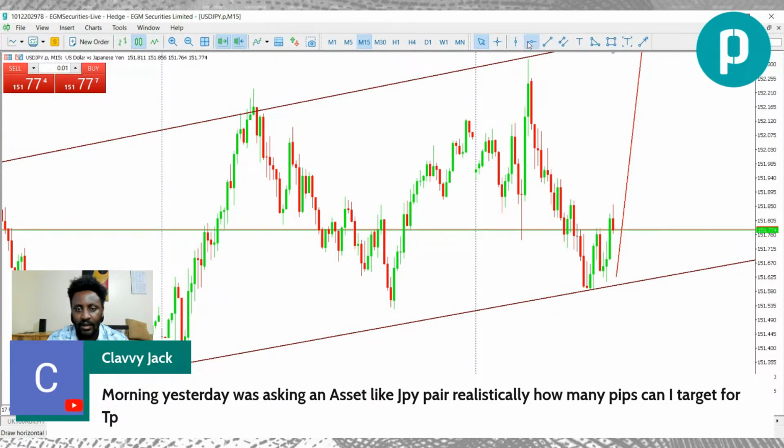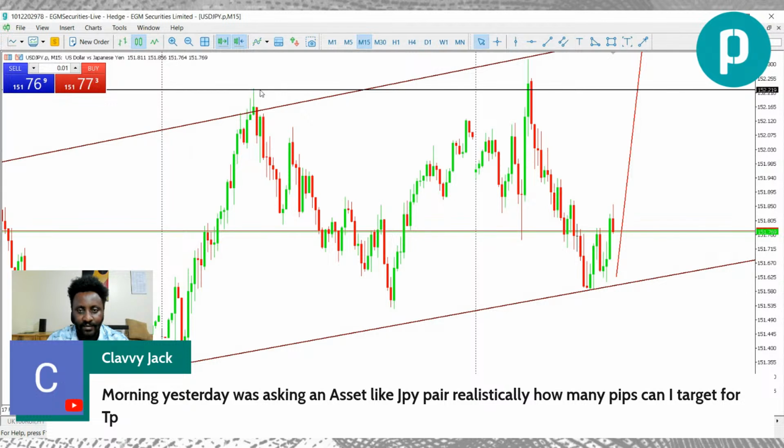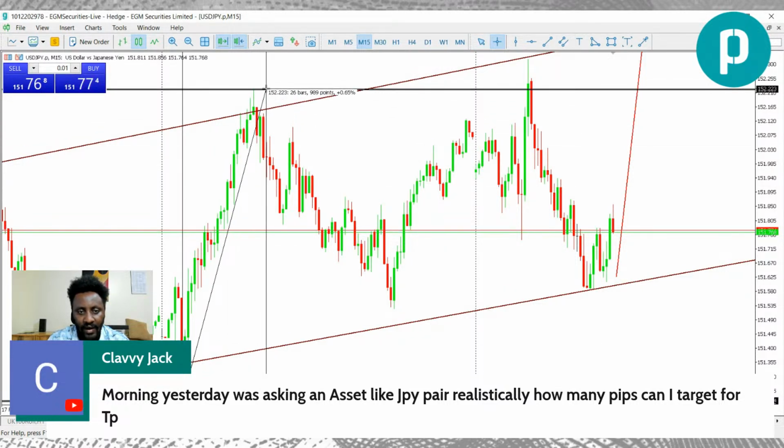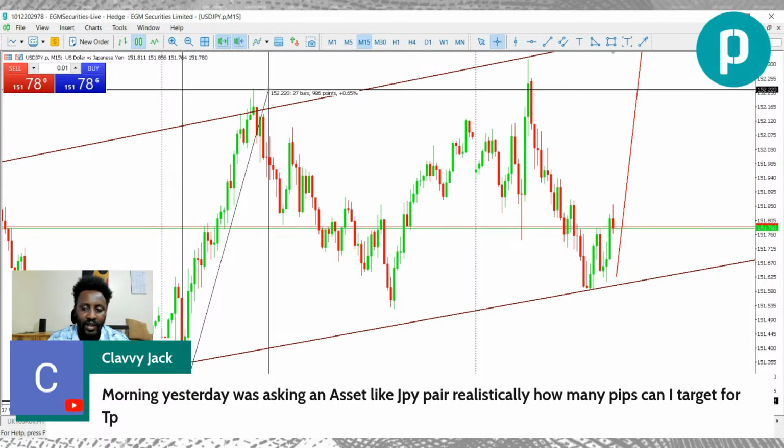For yesterday, you look at the highest price and the lowest price, and then you measure the number of points between this range. So this was a movement of 989 points, or basically 98 pips for yesterday.